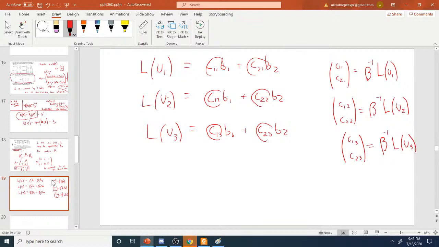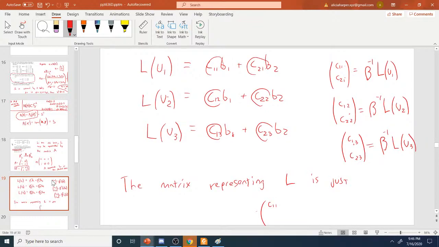And if we have this, this, and this, then the matrix representing L is just C11, C21, C12, C22, C13, C23.